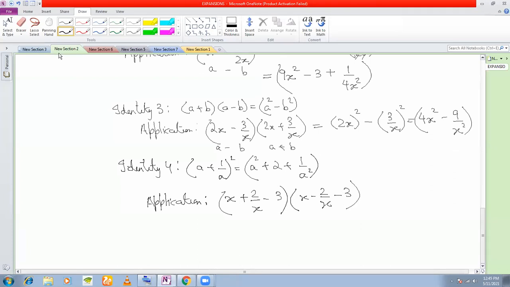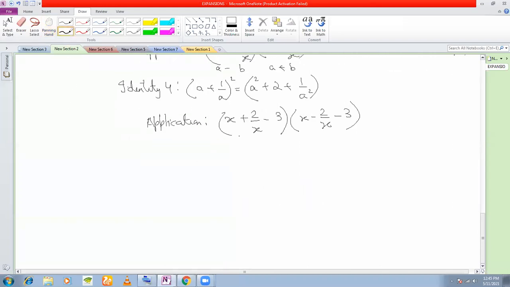Now this in the sense does not look like an application of this, but it is actually an application, because you rewrite this here, you take these two together. So you have x minus 3. This is not an application, sorry. I'll take another sum.